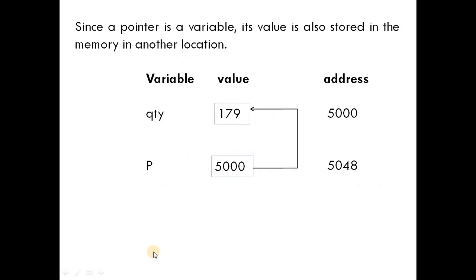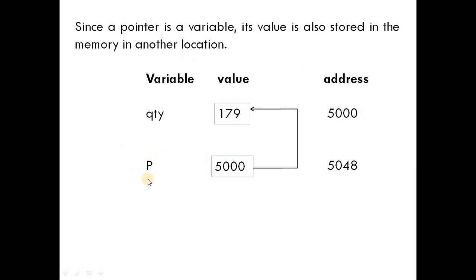Since a pointer is a variable, its value is also stored in the memory in another location. Suppose we assign the address of quantity to a variable p. So in this case, quantity is the name of the variable. This variable stores the value 179 and the memory allocated for it is at address 5000.